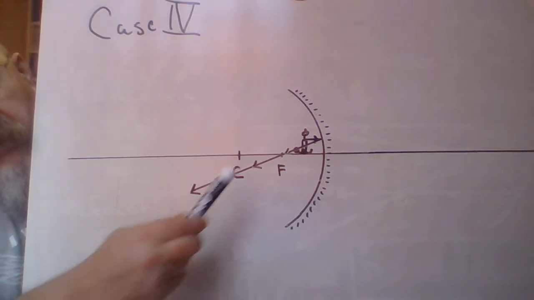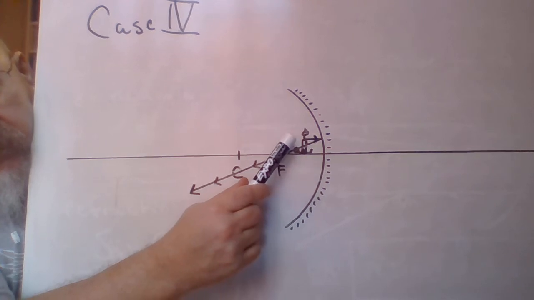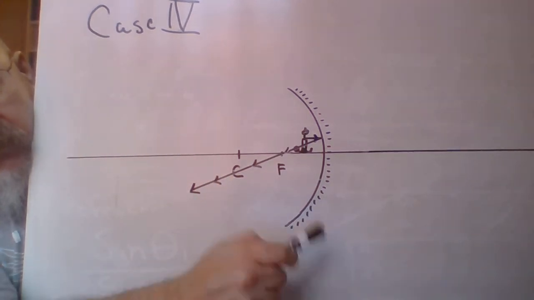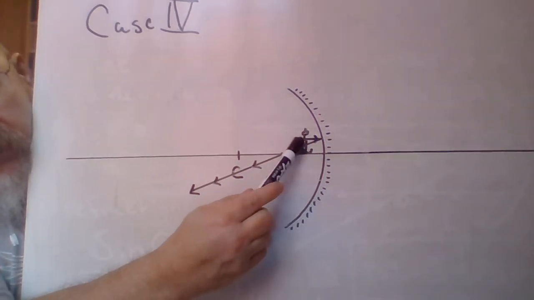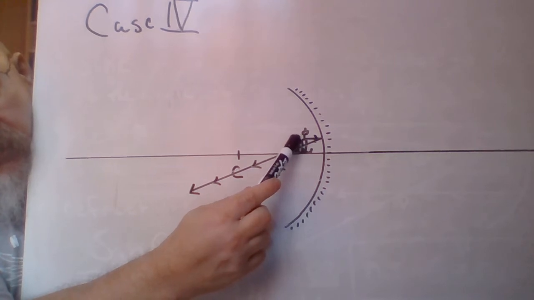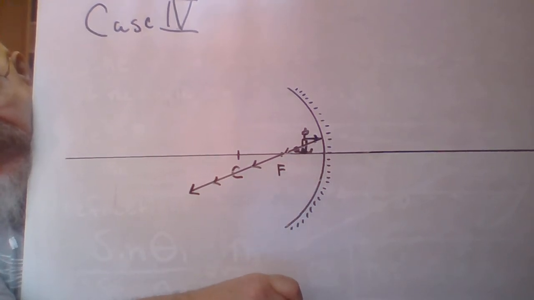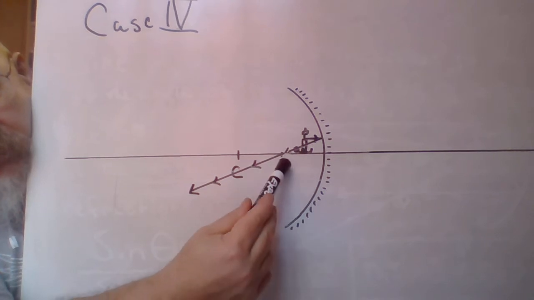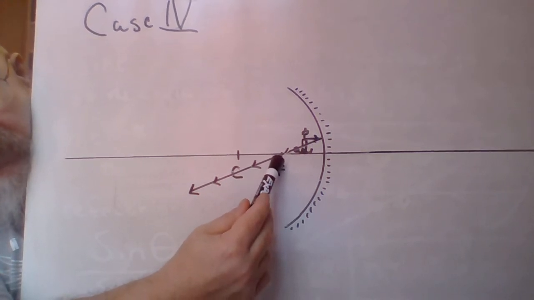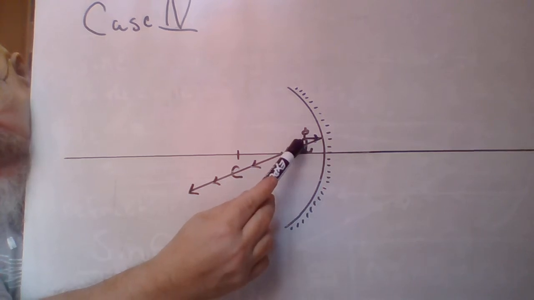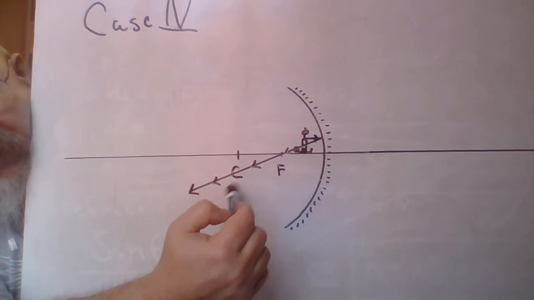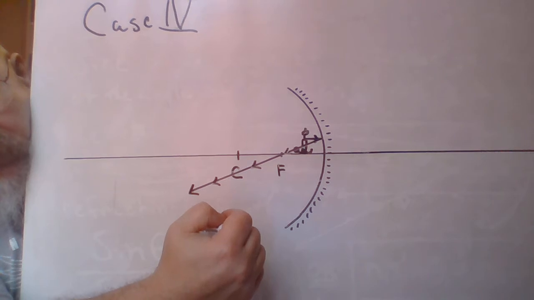Now, is there any way that I could start drawing a ray from that point on the candle, have it go through the focus point before it hits the mirror? In other words, I couldn't draw it like that, right? It just wouldn't make sense because it would never hit the mirror.